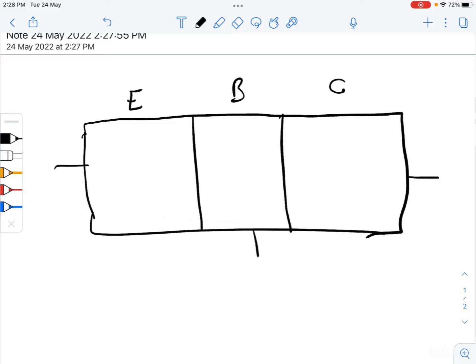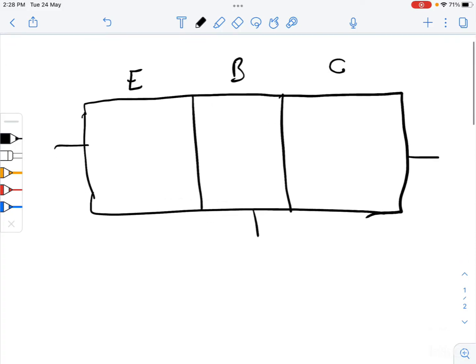Now we are saying the Kirk effect occurs at very high collector current. Now we understand how the BJT works. The way I explained how the BJT works was at a normal condition, like moderate collector current.